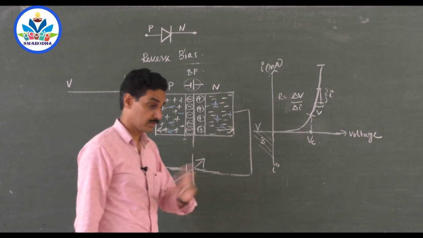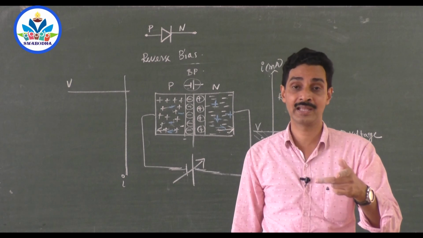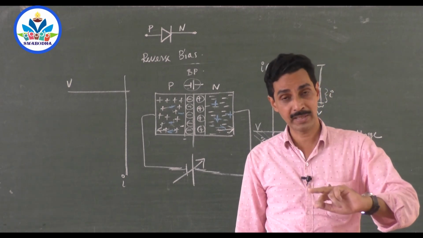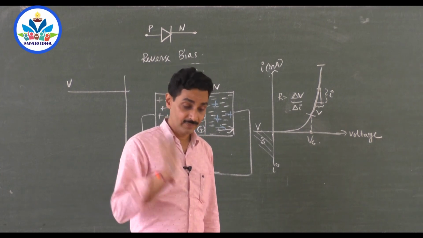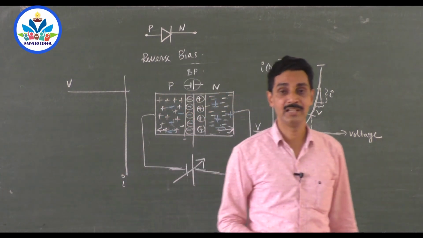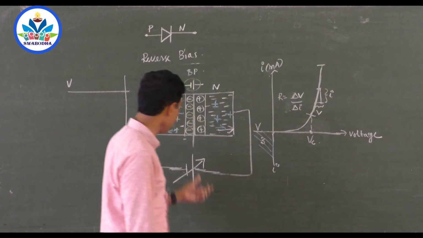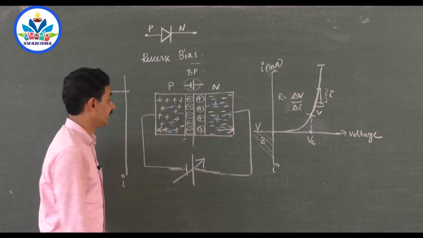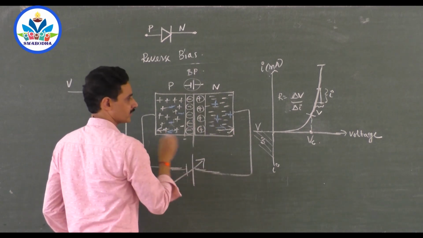What about reverse bias? No, it doesn't allow the charges to flow across. What charges? Majority carriers. But does it support the minority carriers? Yes. During reverse bias, current is mainly due to minority carriers, because for minority carriers it is forward bias. See, minus is connected to the negative of the battery, plus is connected to the positive of the battery.